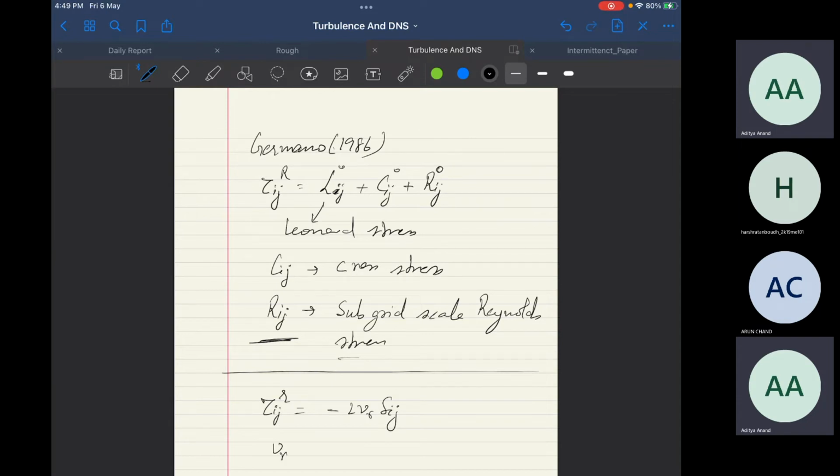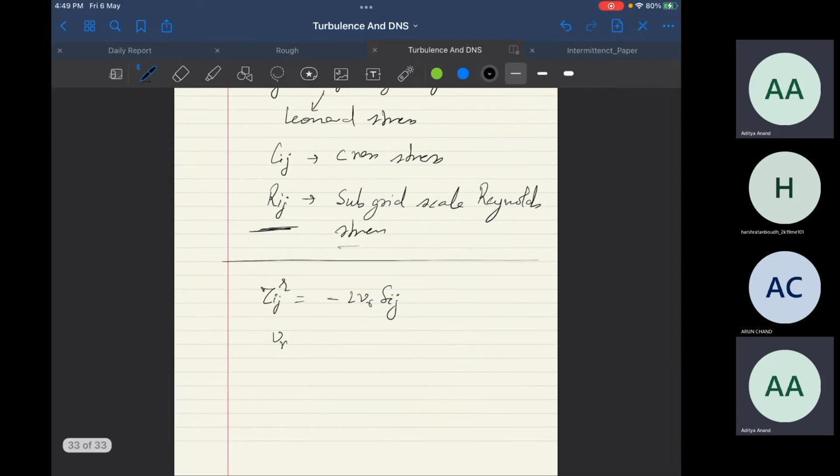In analogy to Prandtl's mixing length hypothesis, you have your Smagorinsky length scale, where nu r is the Smagorinsky length scale squared times the average shear in the flow. So using this, they can model the residual stresses that are there in the flow.